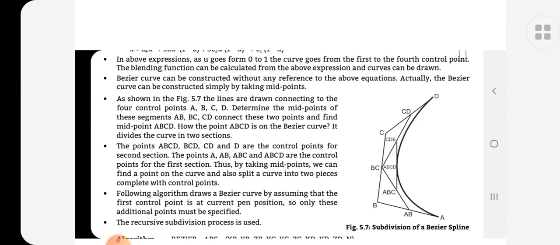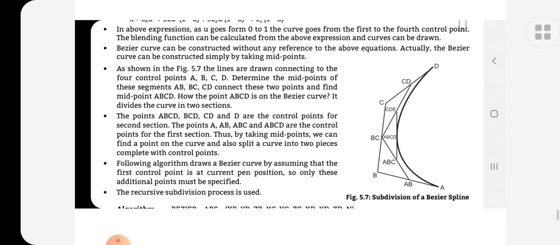The points ABCD, BCD, CD and D are the control points for the second section. The points A, AB, ABC and ABCD are the control points for the first section. Thus, by taking midpoints, we can find a point on the curve and also split the curve into two pieces completely with control points.